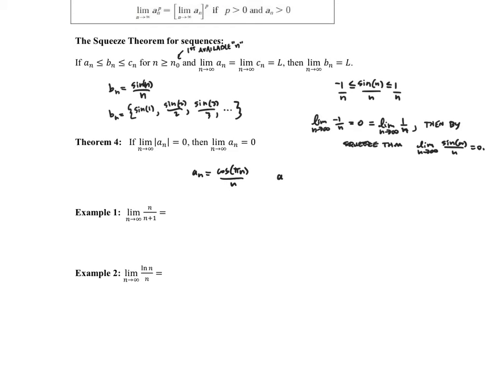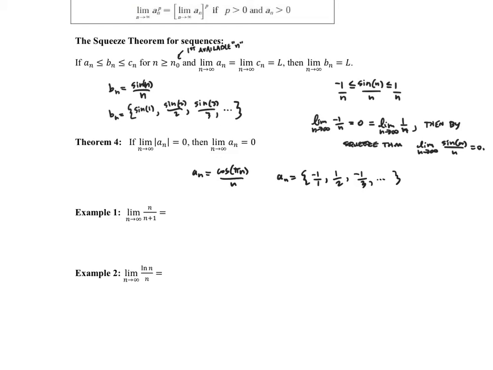Let's look at a few terms. First term, cosine of pi, which is negative 1 over 1. Then cosine of 2 pi, which is 1 over 2. Then cosine of 3 pi, which is negative 1 over 3, etc.